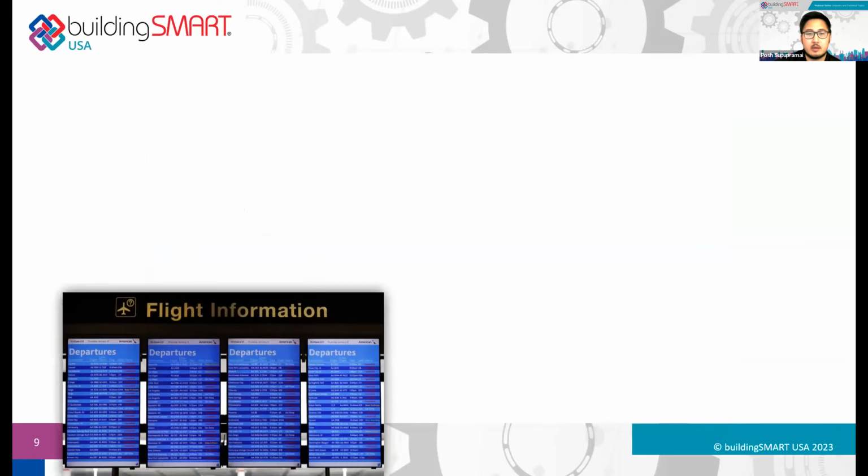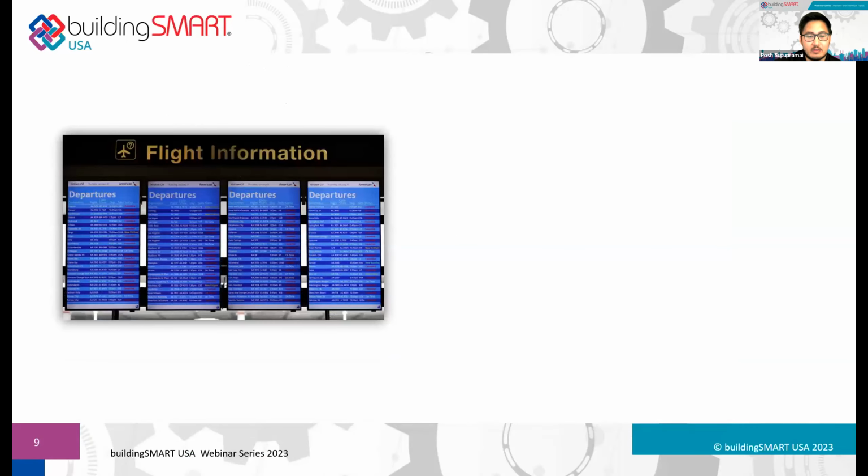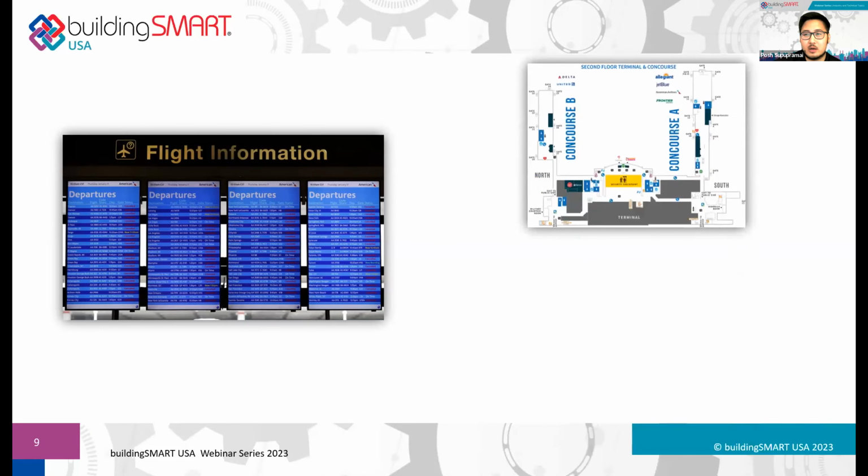So once we get to the airport, even though we have our ticket on our phones or printed out, we still check the data on the flight information screen to make sure our flight is saying on time and the gate is where it's supposed to be. Once we see the gate number, we look at our airport map and find out where we have to go, if we need to use the restroom or grab breakfast or lunch before the long flight.